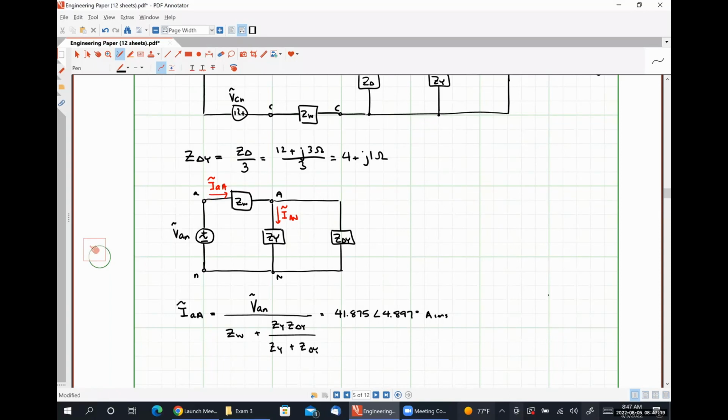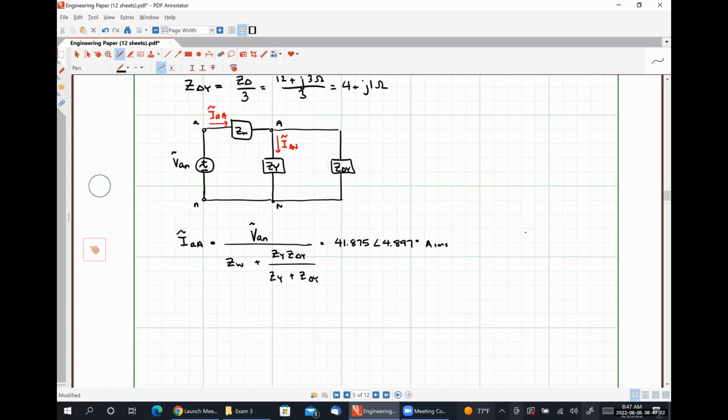I can now use, and this was just Ohm's law, I can now use current division to find IAN. So IAN is going to be IAA times 1 over ZY divided by 1 over ZY plus 1 over Z delta Y. Because that whole current IAA flows through impedance ZW and then splits between those two parallel impedances.